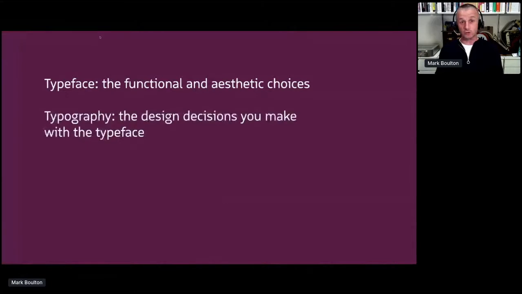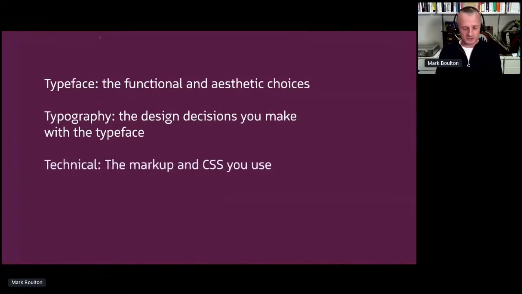The second thing is what you do with the typeface, the design decisions that you make that make something less or more accessible. And then there's the technical, right? So the markup, the CSS you use, and within native applications on mobile, so on Android and iOS, what are the technical things that you can do to make something more accessible or not? Now, there's a lot written about that online, and I'm not going to talk about that today. I'm going to talk about the other two.